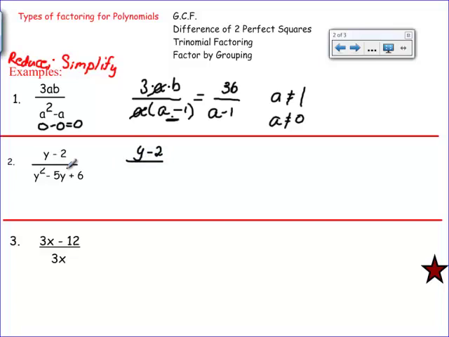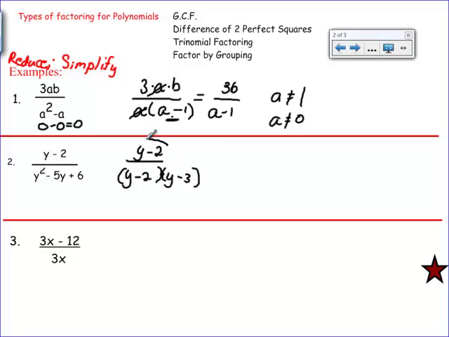On the bottom, hopefully now you're pretty good with your types of factoring. You realize that it's a trinomial factor. So I'm going to set up my trinomial factors. See, there's two parentheses. That means two factors. First one is y minus 2, and the next one is y minus 3.